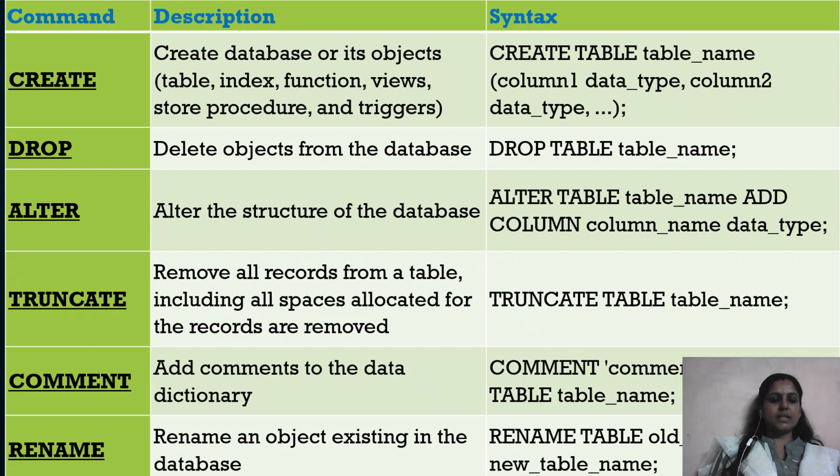The last one is rename. Rename an object existing in the database. So it is used to rename a table or some column. So we can write it as rename table, table name to new table name. So this is the syntax for rename. So these are the commands which are used in DDL.